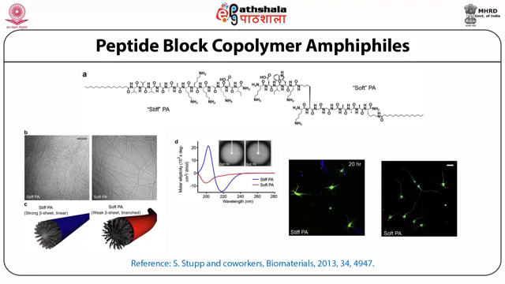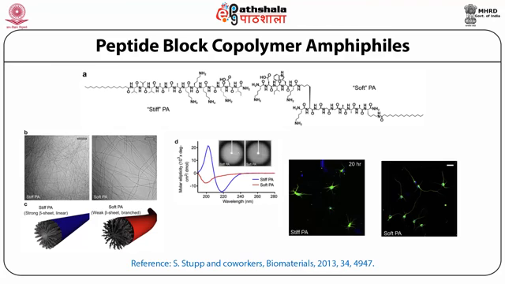However, they applied these nanofibers in tissue engineering, and their objective was that they wanted to grow stem cells and differentiate them into neuronal cells. And as you know, in the case of neuronal cells, the cells have a high aspect ratio and fibril-like morphology.